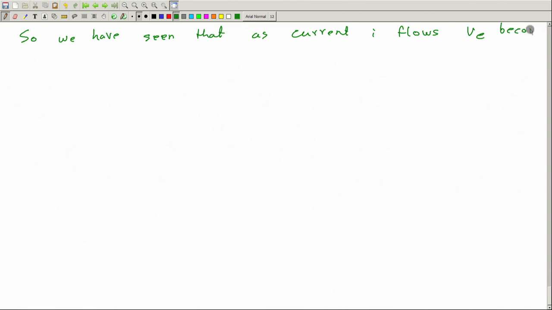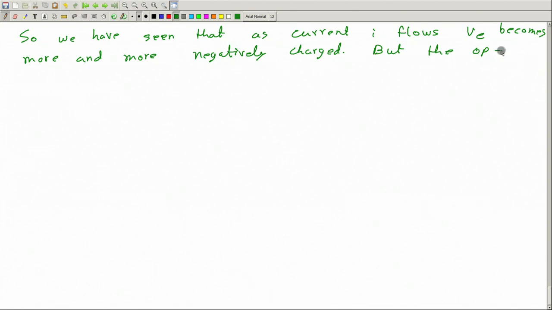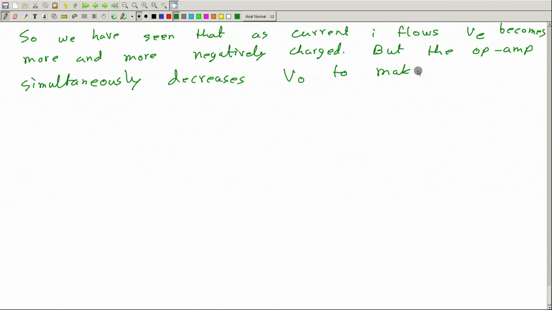So let me just summarize. We have seen that as current I flows, Vc becomes more and more negative, negatively charged, but the op amp simultaneously decreases VO to make Vn equal to Vp.